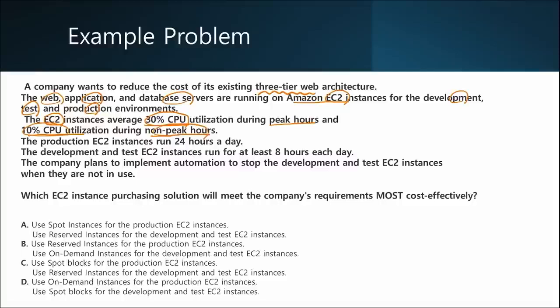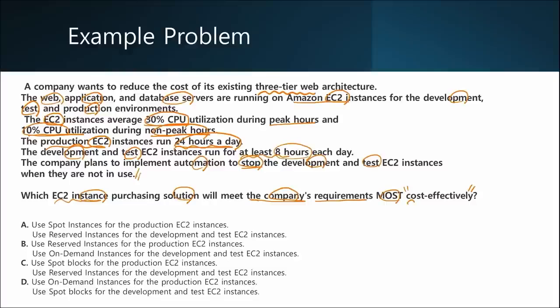The production EC2 instances run 24 hours a day. The development and test EC2 instances run for at least 8 hours each day. When development and test instances are not in use, the company wants to implement automation to stop them. The question is, which EC2 instance purchasing solution will meet the company's requirements most cost-effectively?